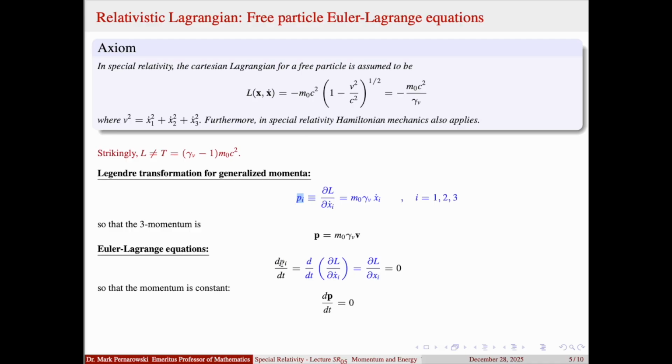It says the time derivative of pi is 0 for each of the 3 components. Therefore, the momentum is constant, i.e. the derivative of the momentum vector must also be 0. So right on one page we get, if the Lagrangian for the system is this, then I have a formula for the momentum, and I know that momentum is conserved.